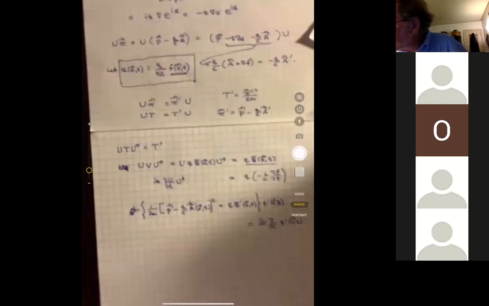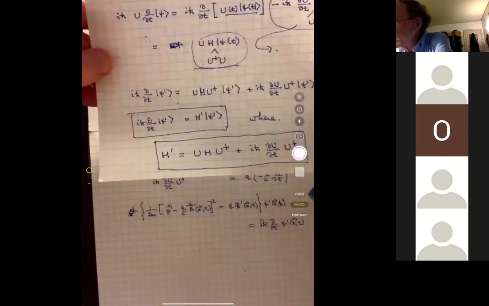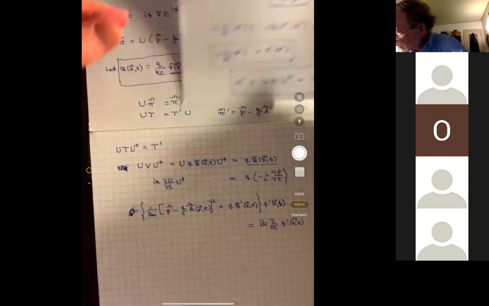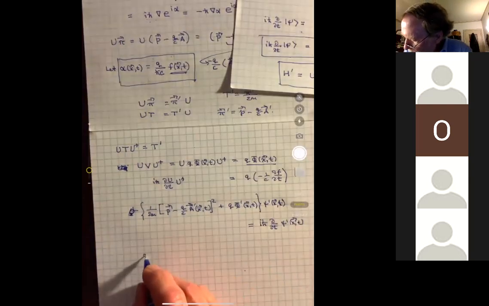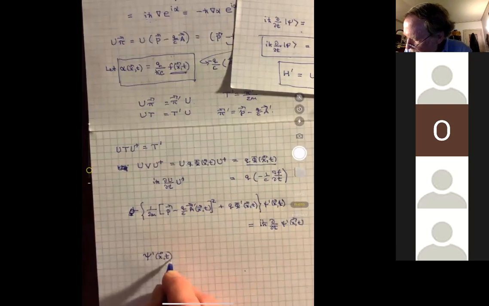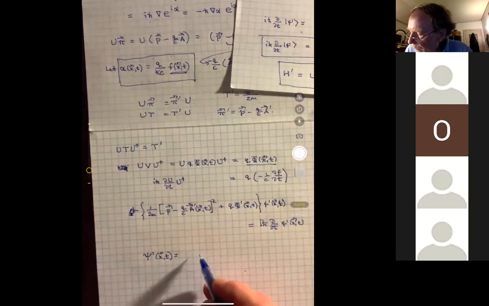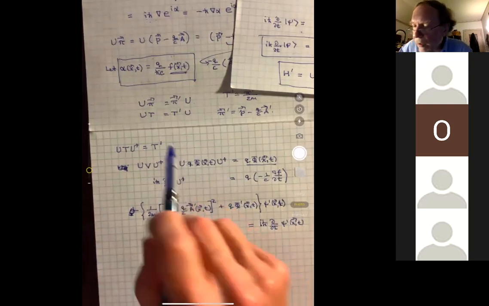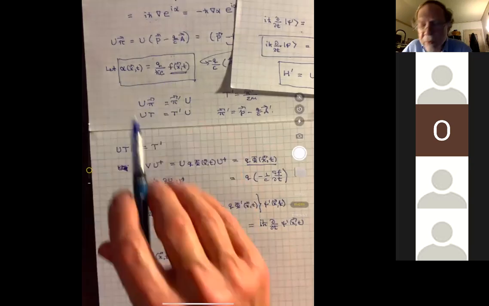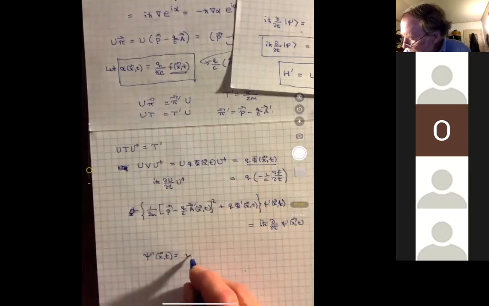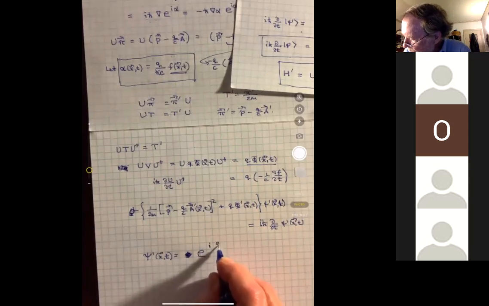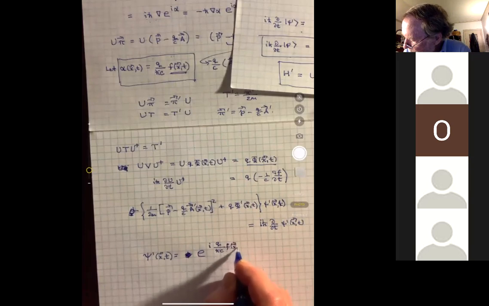I wrote it down earlier. Is it easier to find it, or is it easier just to write it again? I'll write it again. Psi prime of x and t is equal to e to the i alpha times the old wave function, but the alpha up above, you can still see, is given in terms of f. So let me write it out: this is e to the i q over h bar c times f of x and t times psi of x and t.